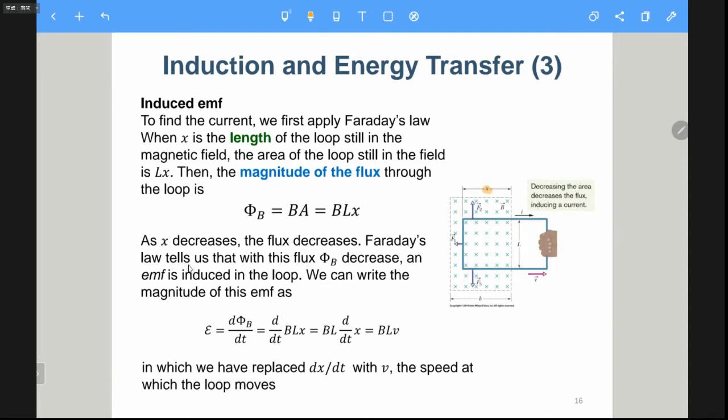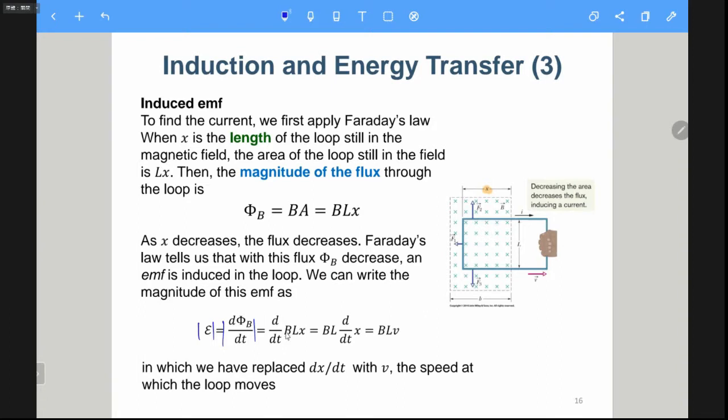Faraday's law tells us that with this flux phi B decreasing, an EMF is induced in the loop. We can write the magnitude of the EMF as E, taking the absolute value, so it is d phi B over dt. That is the derivative of B L x with respect to time.